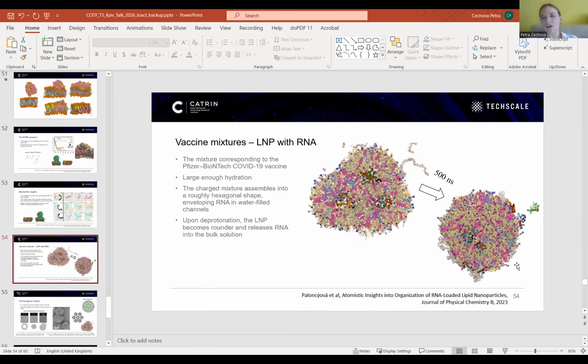So we have either all ionizable lipid charged or ionizable lipid uncharged. There are groups that run what is called a constant pH situation, where they can have a gradient of the numbers of charged and uncharged molecules.